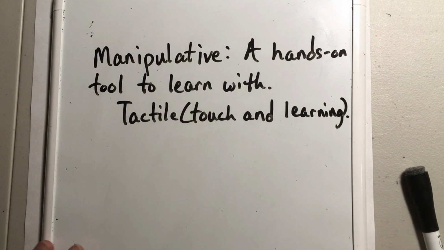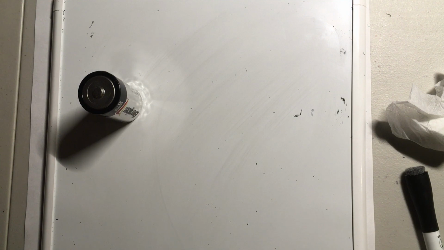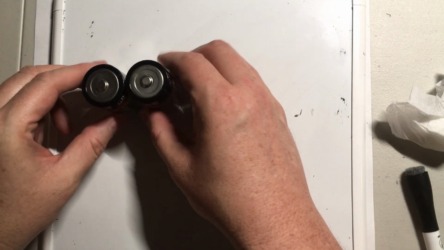Okay, so let's take a look first at some ways where we can make equal groups. I'm going to go ahead and get some batteries here. We have Energizer batteries.